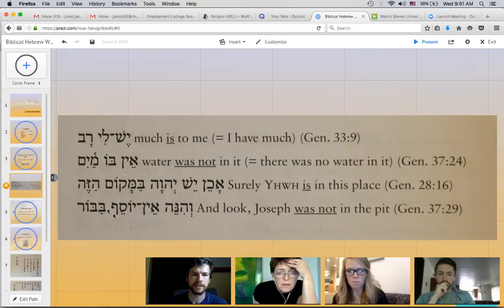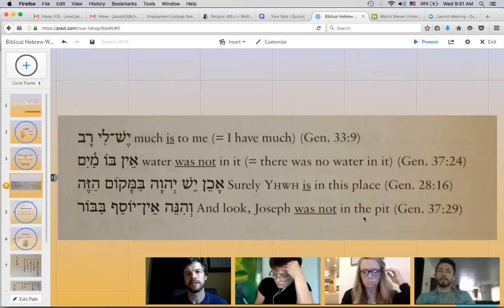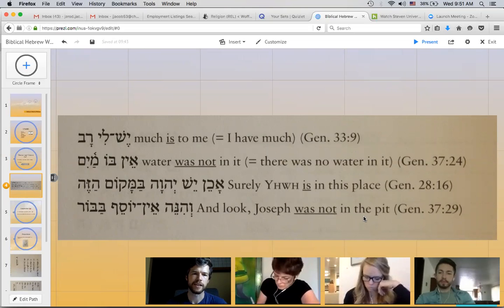Joseph was not in the well. So, and look, Joseph was not in the well. We could translate the and at the front if you wanted to, or you could just say, look, Joseph was not in the well. It's up to you as a translator. If you think it sounds good in English, great. If not, it's not necessary, and you can just keep on going.